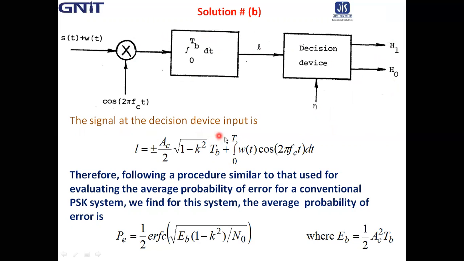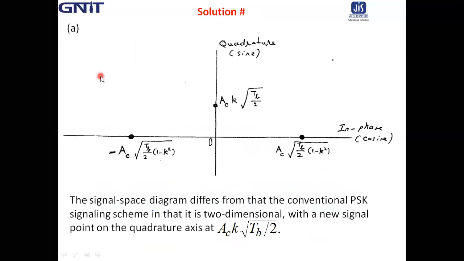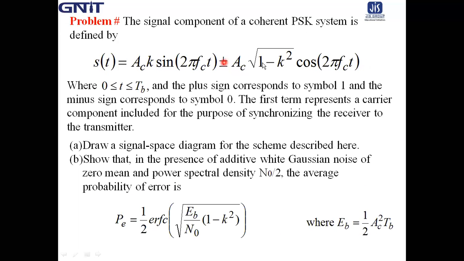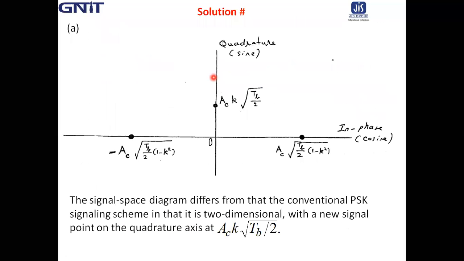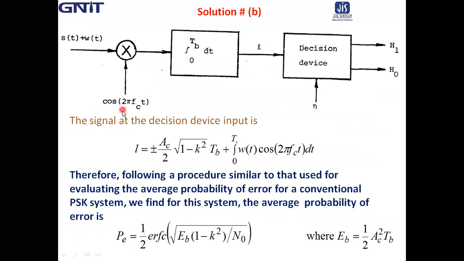So the signal at the decision device L, which is ST, now becomes this expression. So ST plus WT is multiplied with cos 2 pi FCT. If we multiply it, this part is for noise, that is WT cos 2 pi FCT integrated from 0 to TB dt.